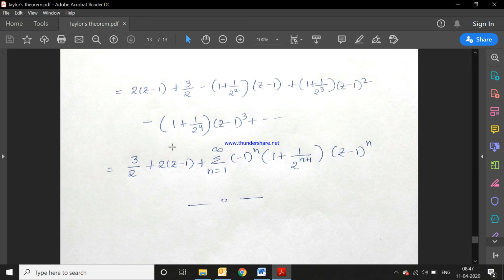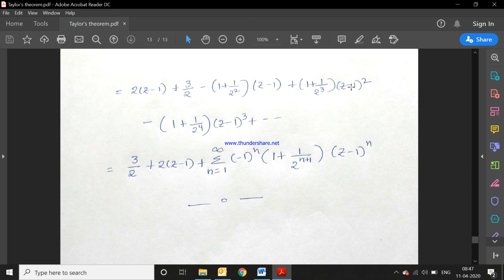This is the required Taylor series. So you can write the summation: 3/2 is the constant, write first 3/2 + 2(z − 1) + summation n = 1 to infinity. I am writing from 1 to infinity because the series starts with (z − 1). The starting sign is also minus, so that's why (−1)^n.